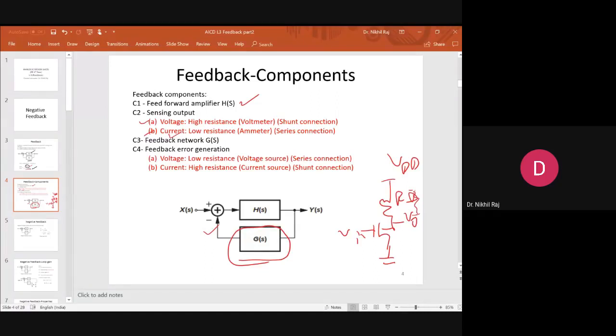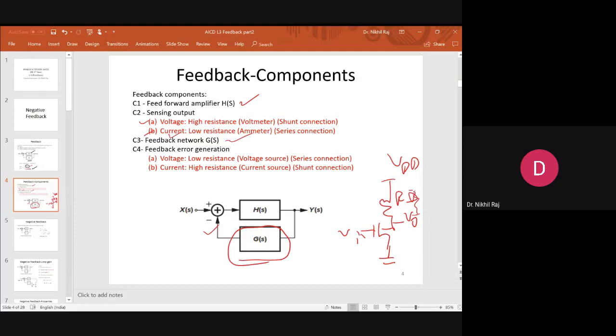If it is sensing current, then we need to take a particular node, and there in the shunt or parallel configuration the current can add or subtract. Okay, so feedback network is there. Then the fourth component is the feedback error generation. When we are processing in the feedback network, the output of the feed forward is the input to the feedback. So input to the feedback is decided by the sensing.